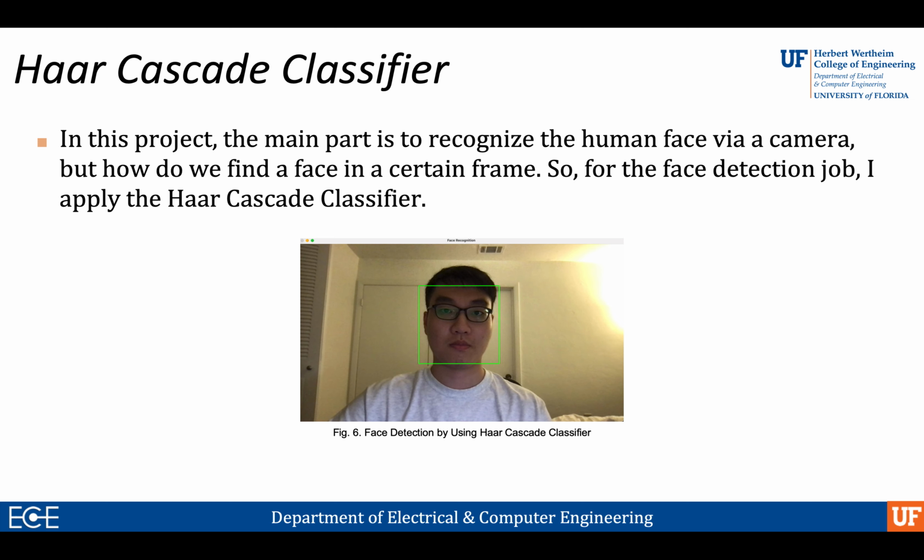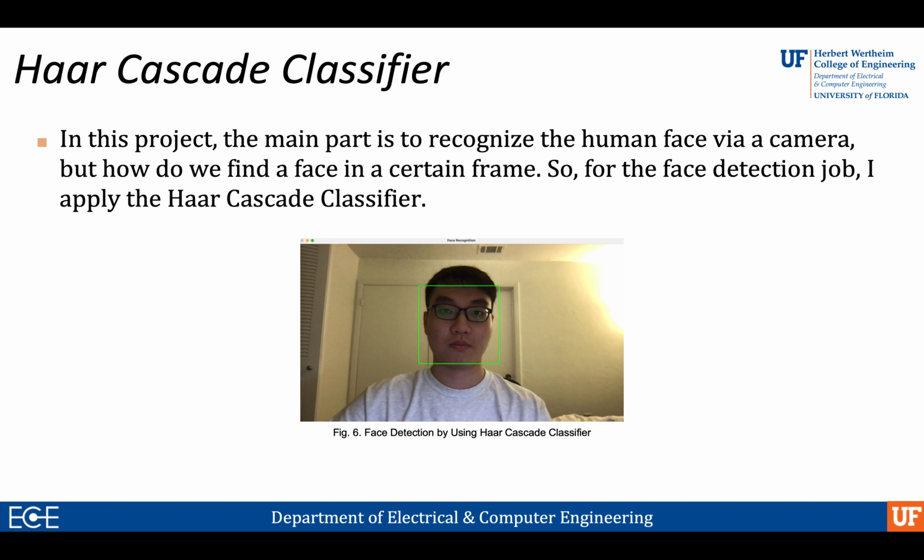The basic concept of the Haar cascade classifier is, first, we calculate the Haar-like features of the image. Second, we use the integral image to boost the calculation of Haar-like features.